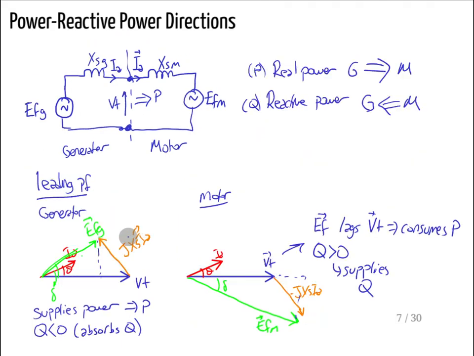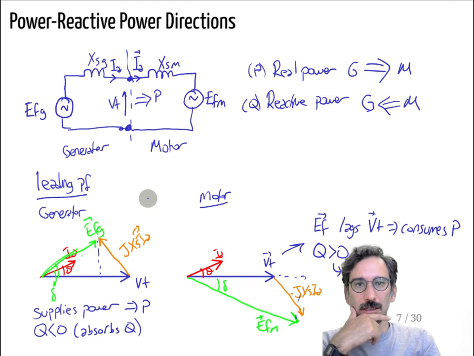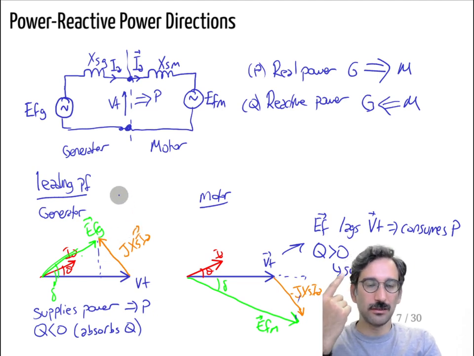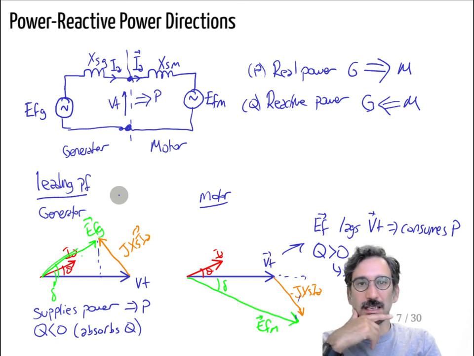However, if you are looking at the leading power factor, then this time real power flows from generator to motor, as in the previous case, but reactive power in this case flows from motor to generator, right? Compared to EFM, EFG is smaller in magnitude, but it still sends some real power. So for the direction of real power, the magnitude of EF doesn't make any difference.